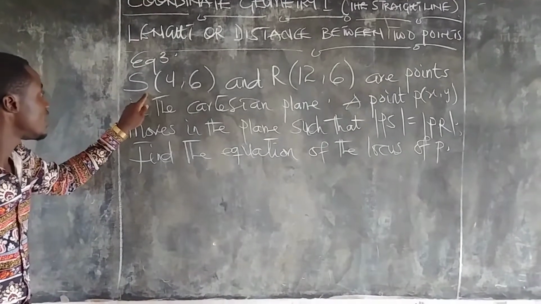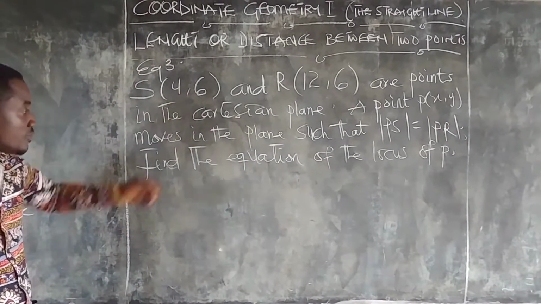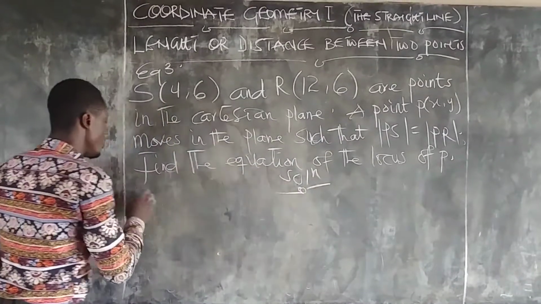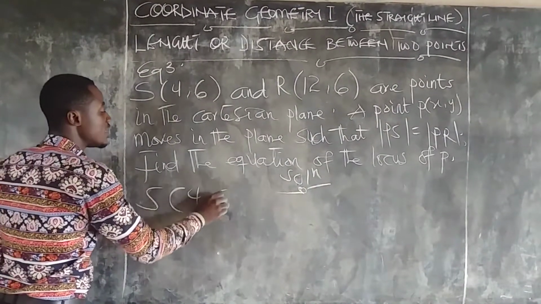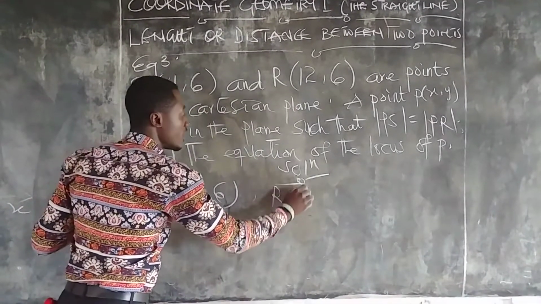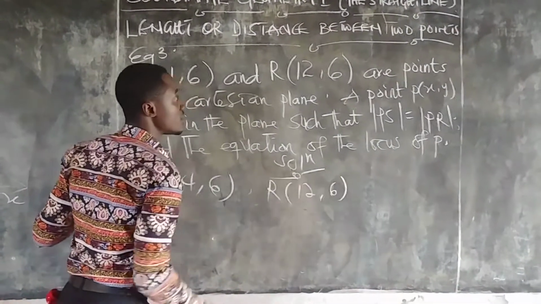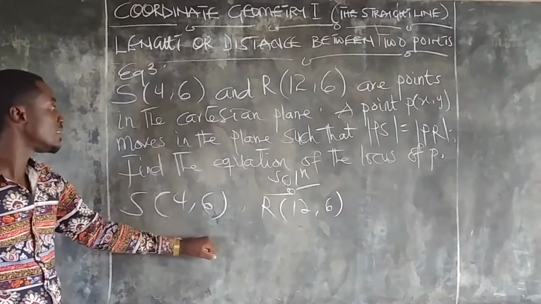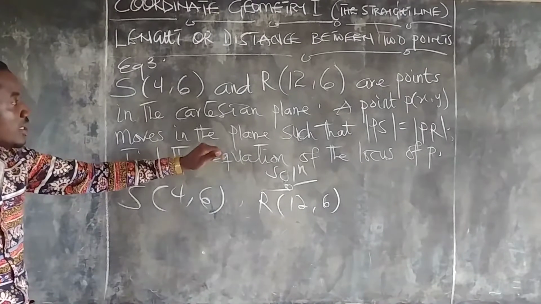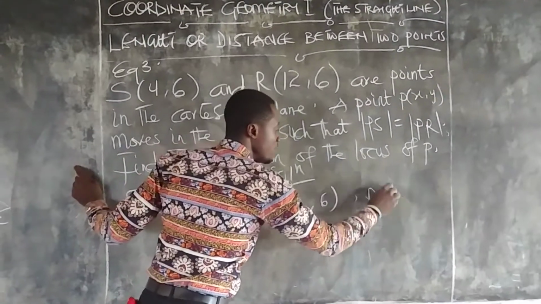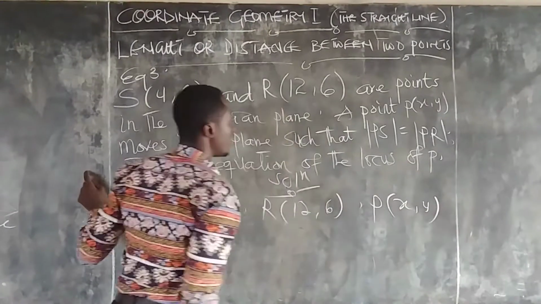Point X has been given to us as (4, 6). R is (12, 6). We are saying that these are points in the Cartesian plane. A point P, another point I will mention, point P, which is (x, y).